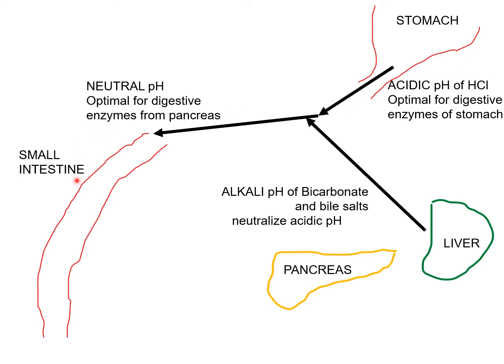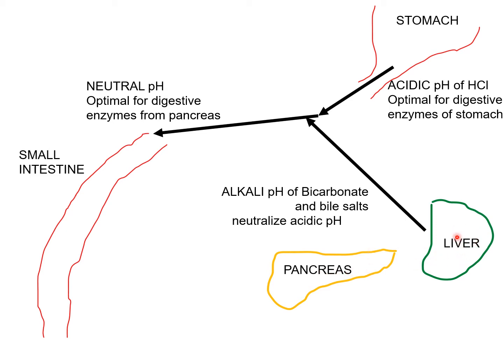The rest of the small intestine doesn't have that kind of protection, so we have to prevent the degradation of the small intestine, and we have to neutralize this pH here. So in this portion of the digestive system lectures, before we move into the small intestine, we need to talk about these two accessory structures, the liver and pancreas.